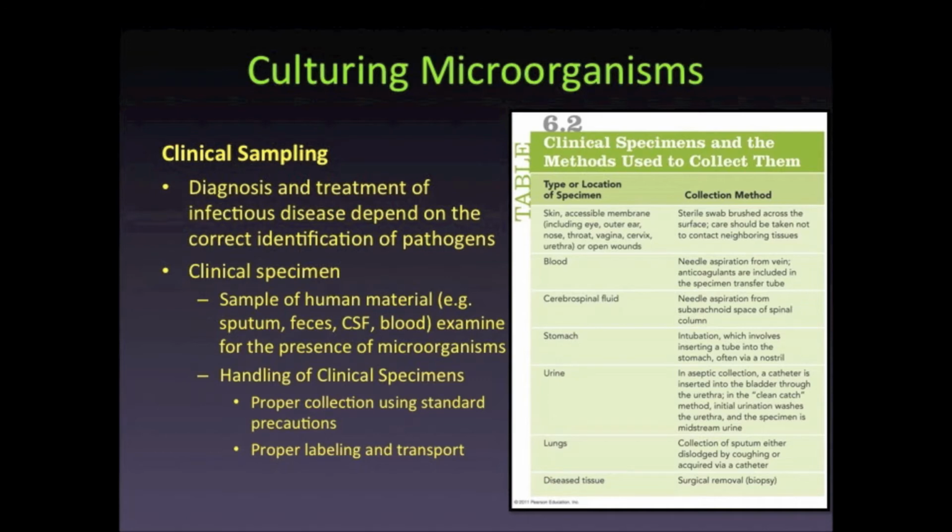When a healthcare professional is collecting a specimen for microbiologic examination, a number of factors should be taken into consideration. The individual should collect the sample from the correct site without contaminating the specimen with microbes from nearby areas. They should use the proper equipment and transport media necessary for the specimen. They should take proper precautions to prevent spreading the pathogen to themselves or other individuals.